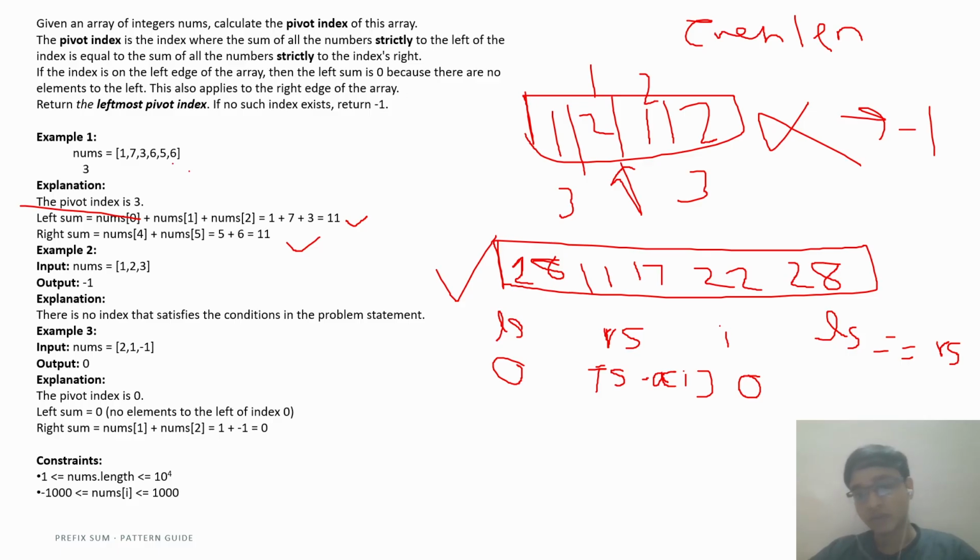So for the LS, obviously, it is the element where, so here when we go to the one index, LS becomes one. We add this, and what does this become? We are at the eighth index.